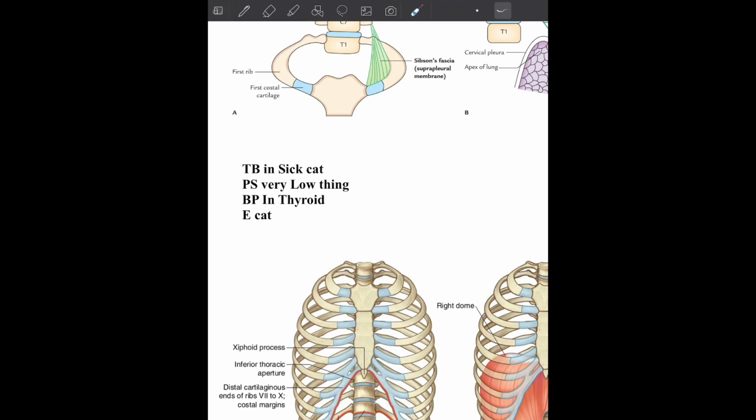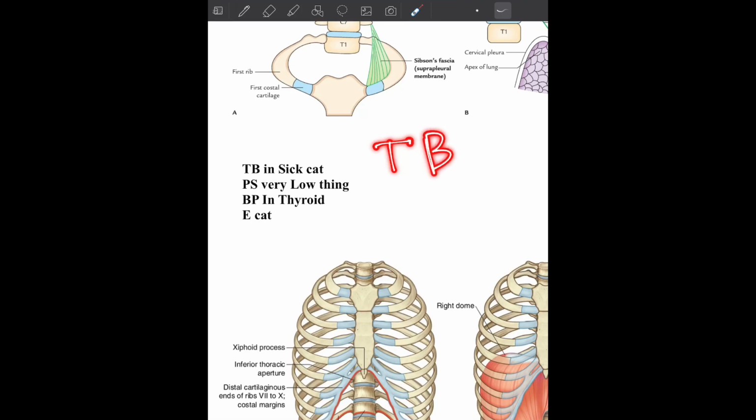The arteries that pass through the thoracic inlet. For the arteries I have a mnemonic: TB IN SICK CAT, tuberculosis in sick cat. T stands for thoracic artery, right and left internal thoracic artery.